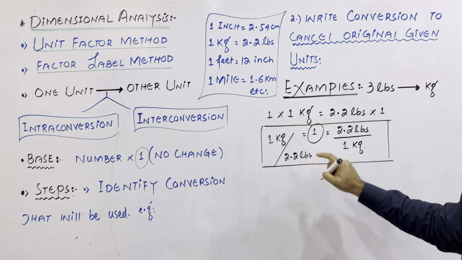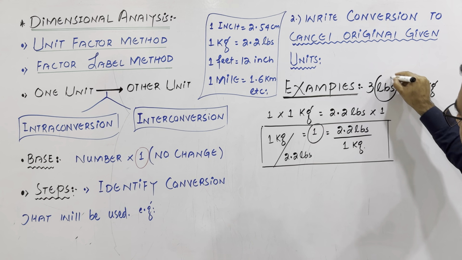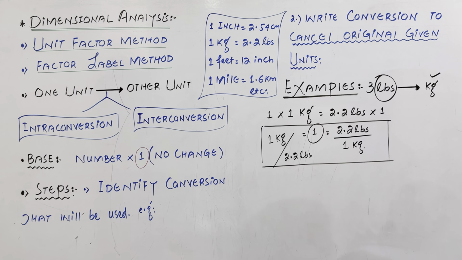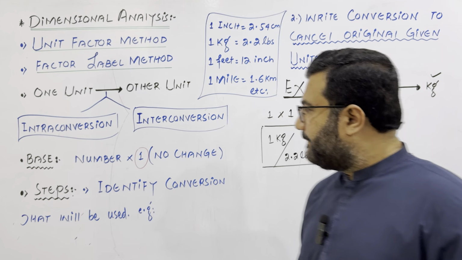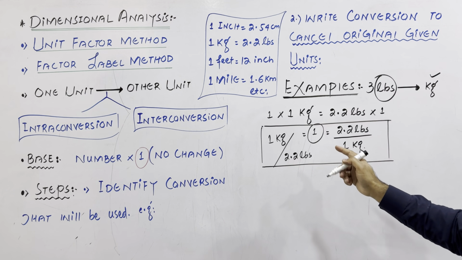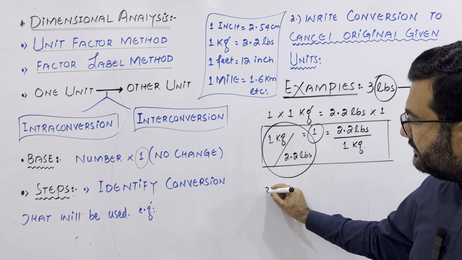And second step is write conversion to cancel original units. Now you want to convert pounds into kgs, so you will have to cancel the pounds and you are required to get the answer in kgs. Which form can be used to cancel the pounds? I think this form, because 3 pounds multiplied by 1 kg over 2.2 pounds.